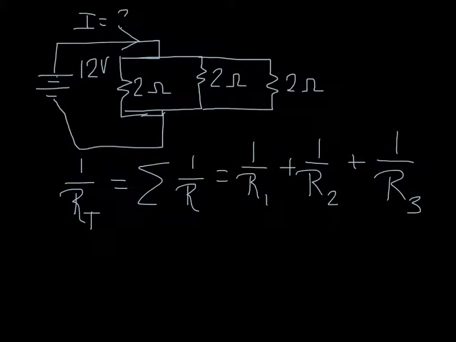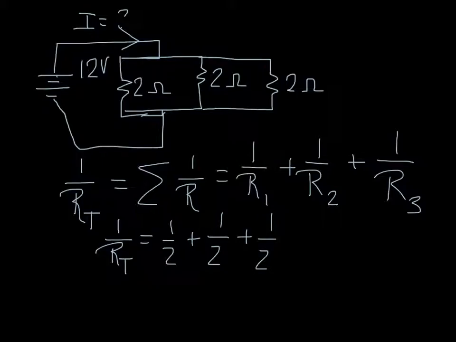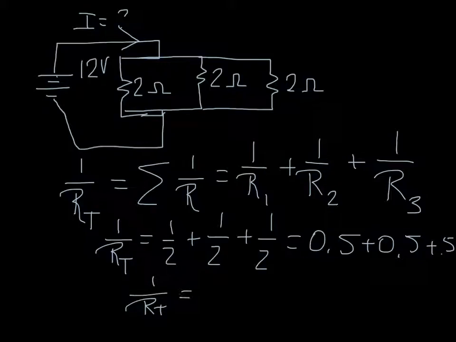So, let's find our total resistance. So, 1 over the total resistance is equal to 1 over 2 plus 1 over 2 plus 1 over 2. The easiest way to do this is to get rid of the fraction. Put it in decimal. So this is 0.5 plus 0.5 plus 0.5, which is 1 over resistance total is equal to 1.5.